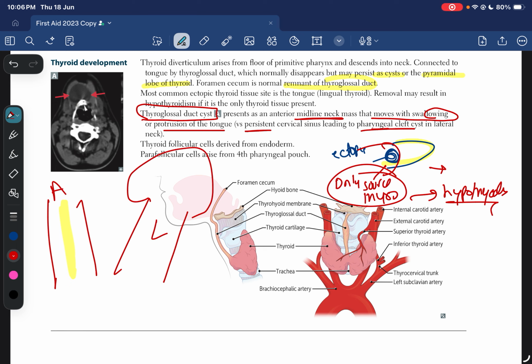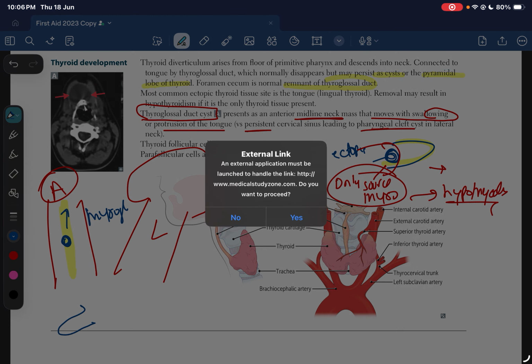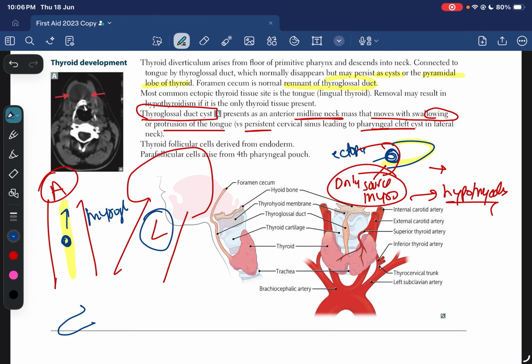This is the lateral and this is the anterior aspect. If you see a mass, you simply ask the patient to move their tongue. If the mass moves with the tongue, that is a thyroglossal cyst. And if you see a mass on the lateral aspect of the neck, it is going to be a pharyngeal cleft cyst, which is associated with the second cleft.